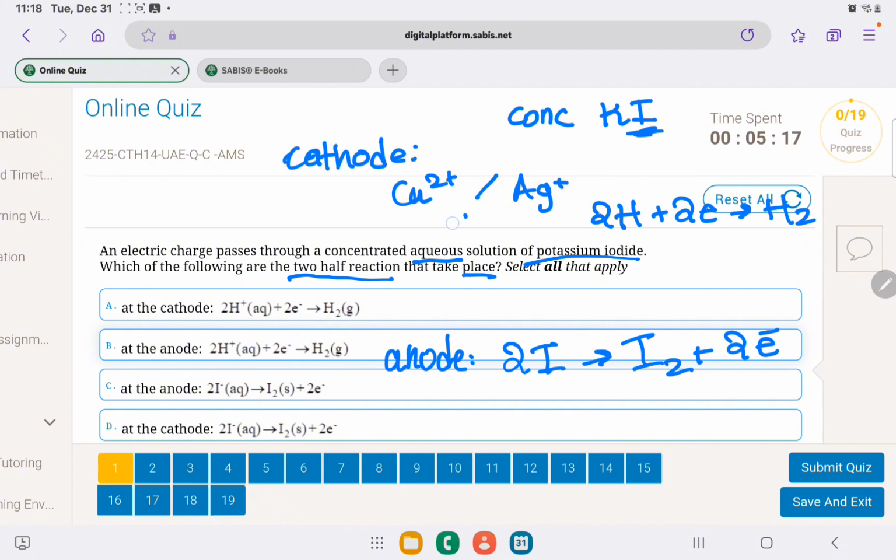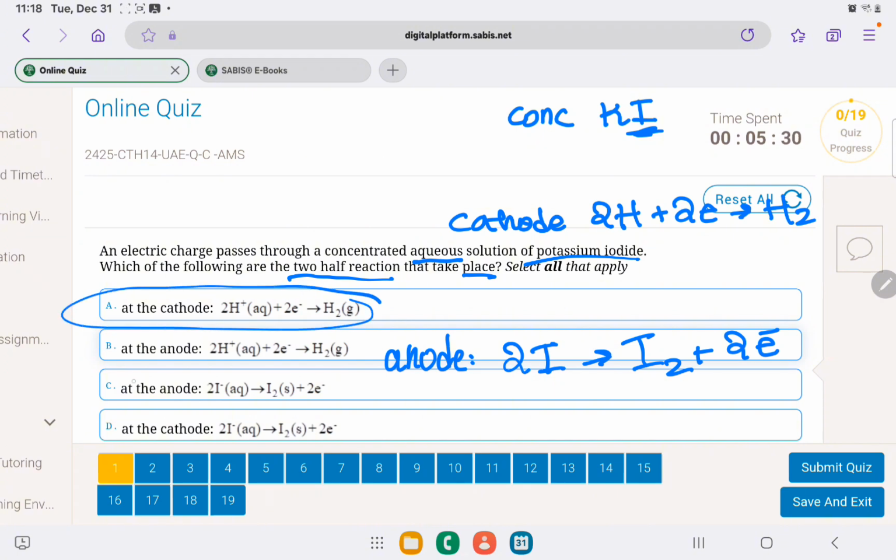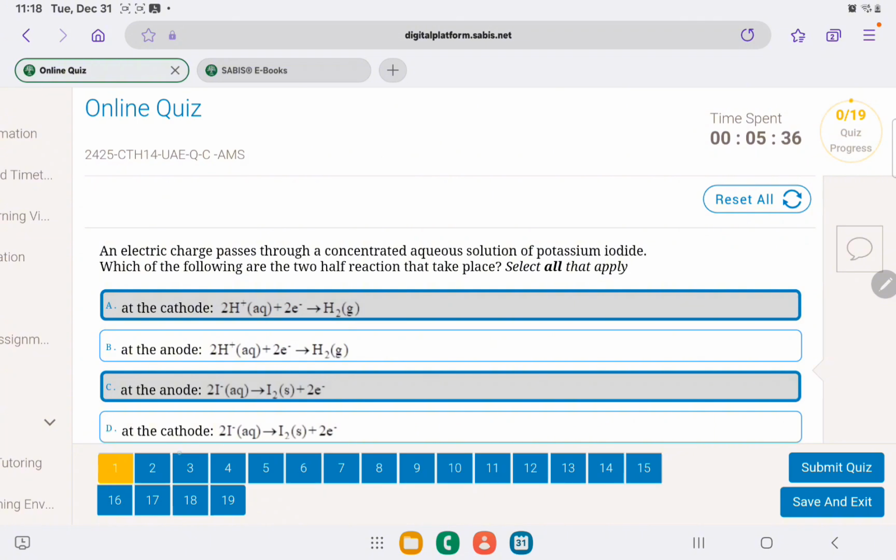That's the equation at the cathode. So let's check the options. Cathode, 2H, yep, so the first option and this option. So first and third.